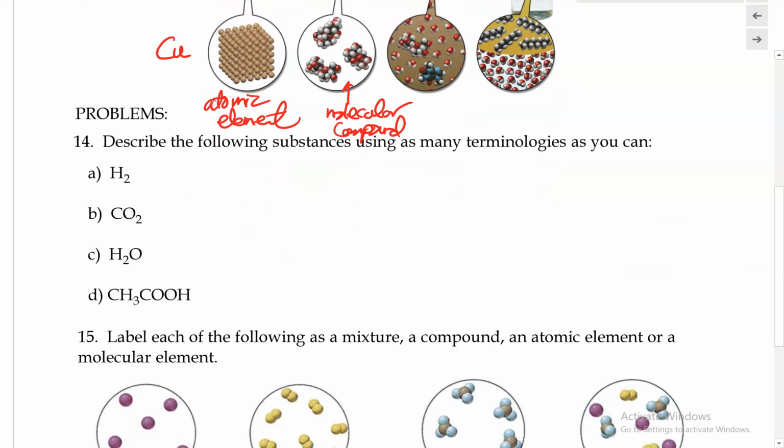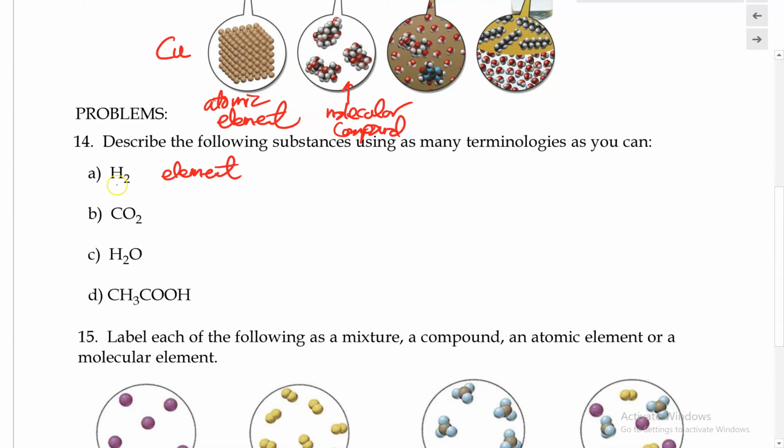Now, let's try some of this example right here to make sure you know how to use this terminology correctly. So first one, H2. So H2, based on the chemical formula, it consists of only one type of atom. So clearly in this case right here, we can use the word element to describe it.